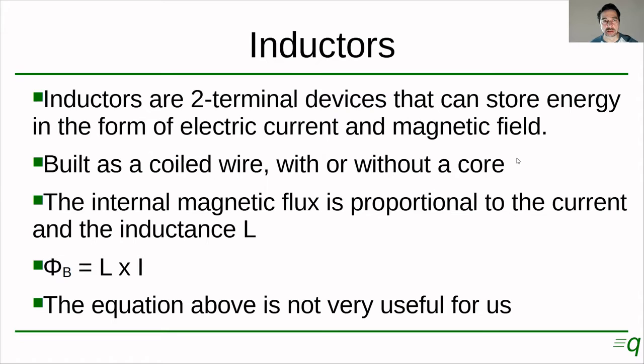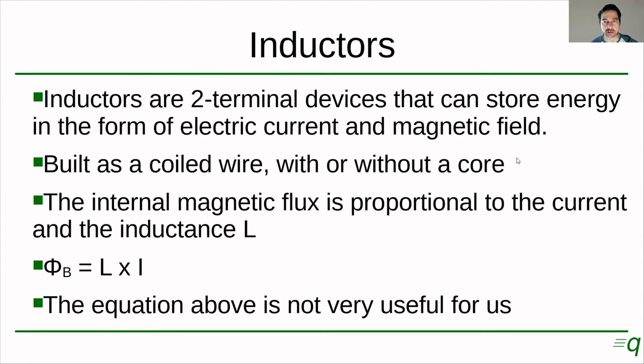So what are inductors? Inductors are two-terminal devices that can store energy in the form of electric current and magnetic field. So they are built as a coiled wire with or without a core. The internal magnetic flux, right? Remember this when we studied electromagnets, this is an electromagnet pretty much, right?